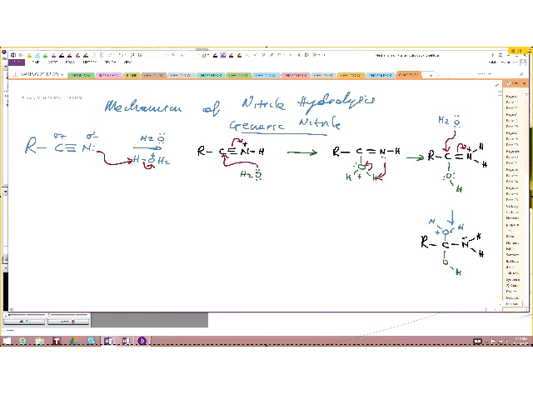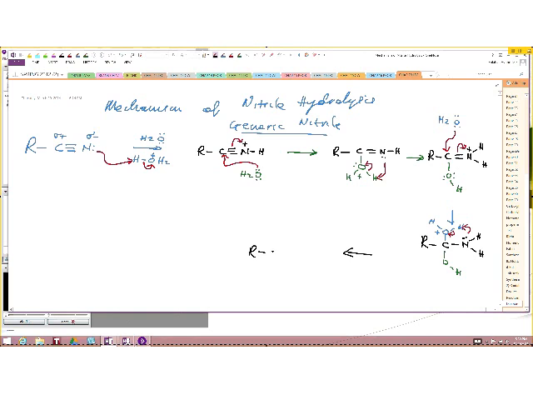Okay. And now what is going to happen? What do you think will happen at this point? Nitrogen will, exactly, grab the proton again. Very good. So now we have this here. So what do we have?